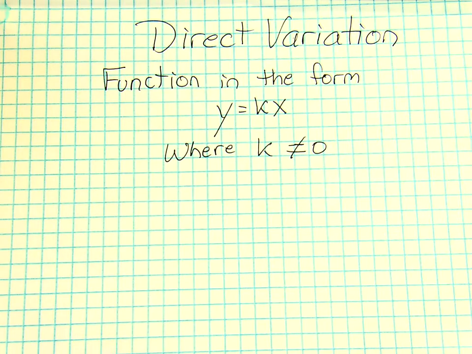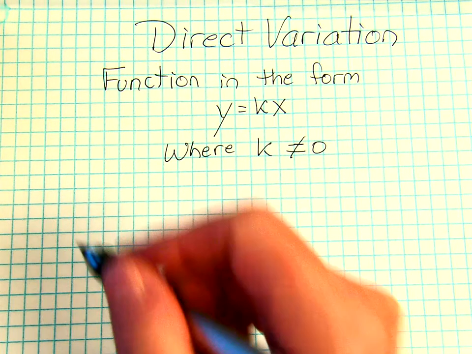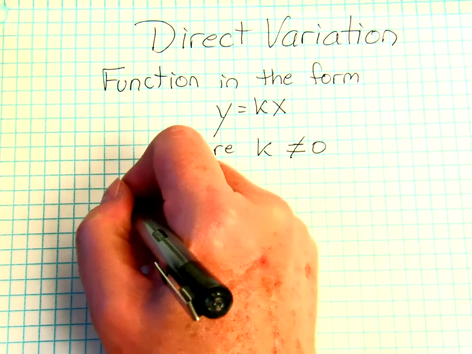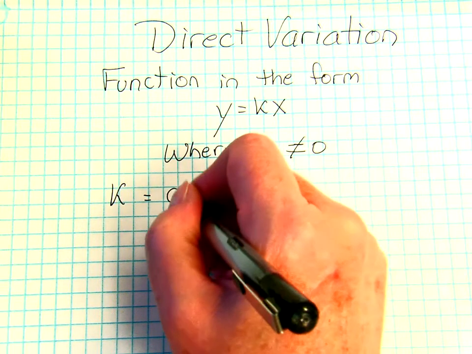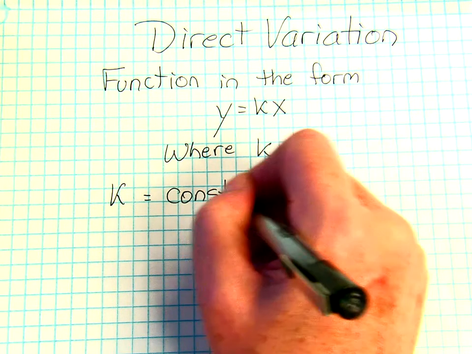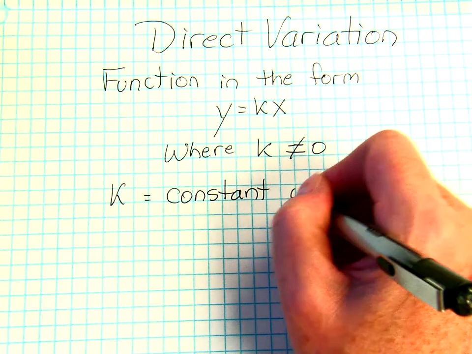Of course, obviously, if k equals 0, then y would equal 0. And so really you have a point, and there's nothing more you can do with that. So k is equal to the constant of variation.